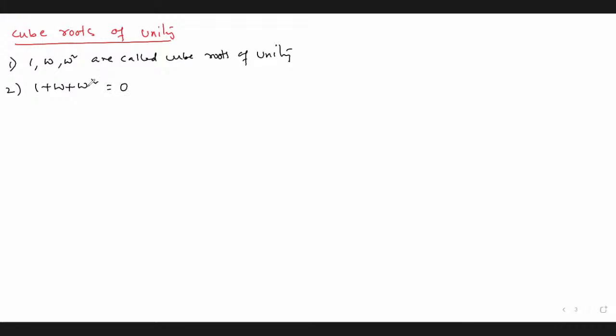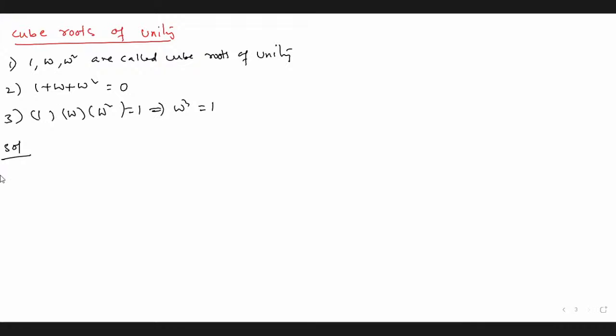Even in our determinants we have done it so many times. 1 plus omega plus omega square value is equal to 0. Product of cube roots of unity is equal to 1, which implies omega cube is equal to 1.